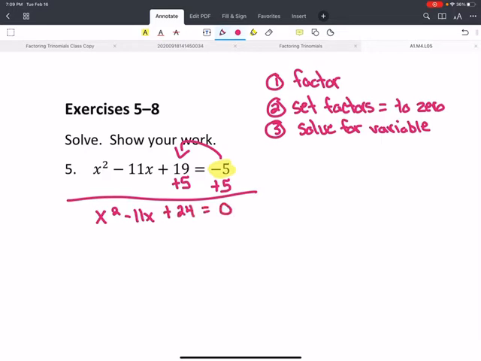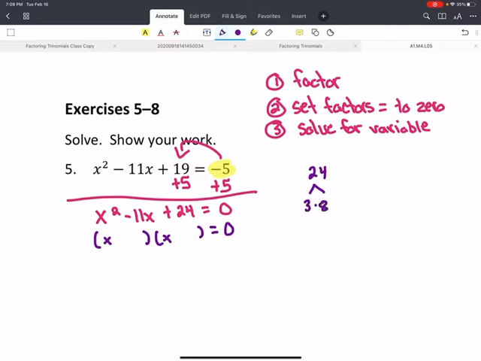And that's what I want to do. I want it to equal 0. Now I'm going to factor this left side. Say x and x. I'm going to keep equal 0. Now I need to think of factors of 24 that multiply to give me 24, but that I can add to give me negative 11.